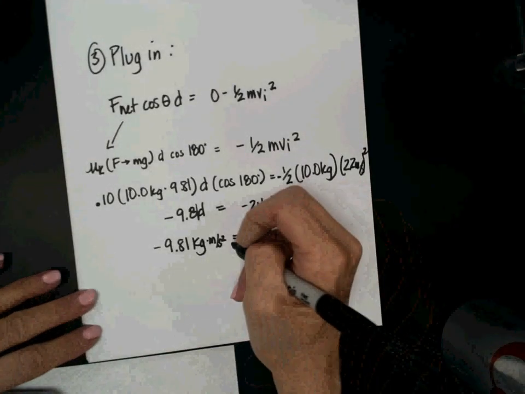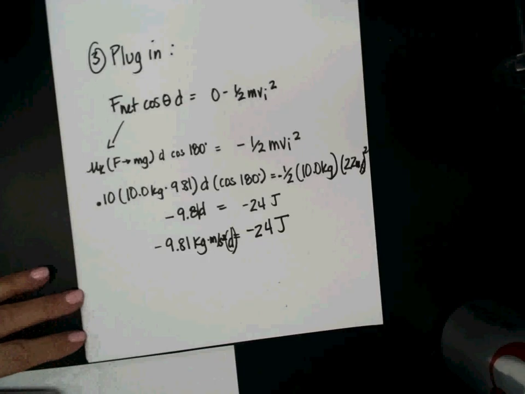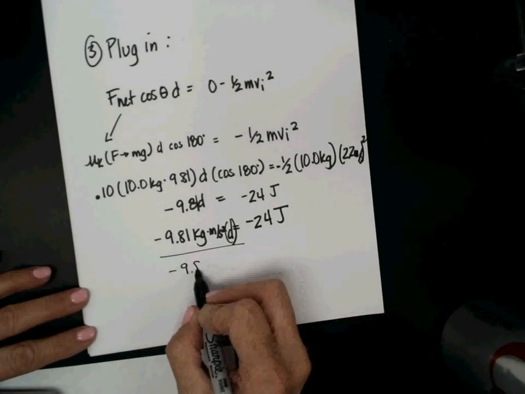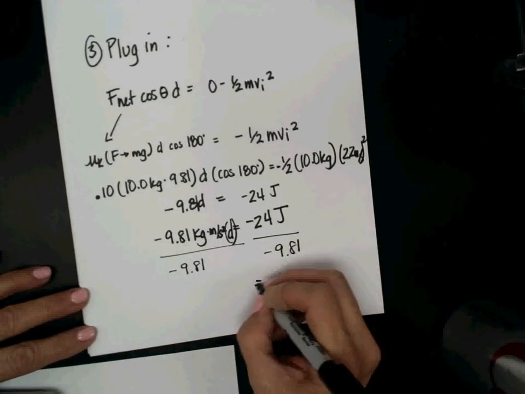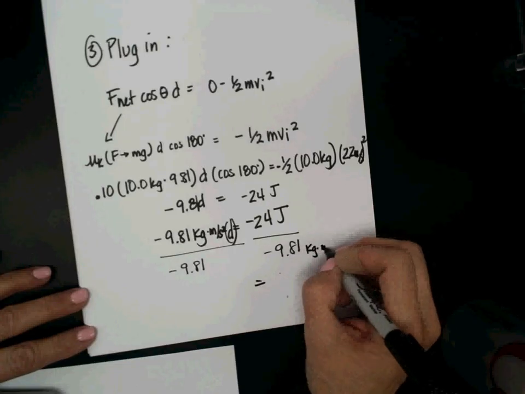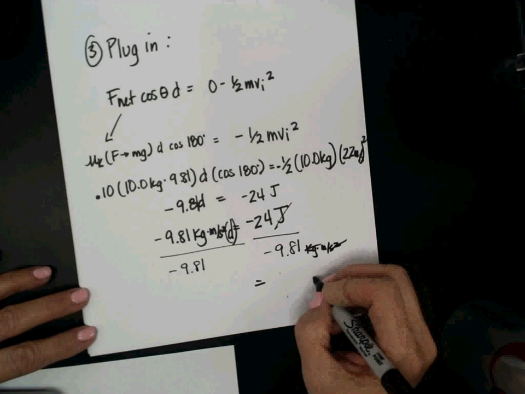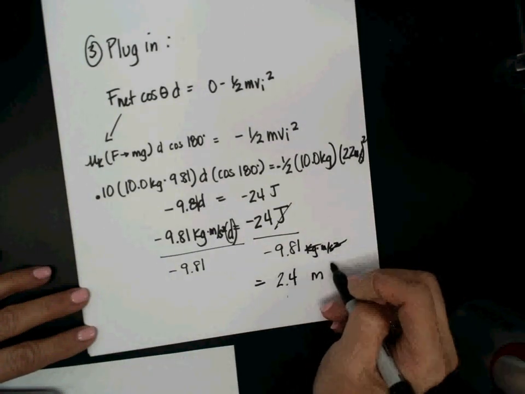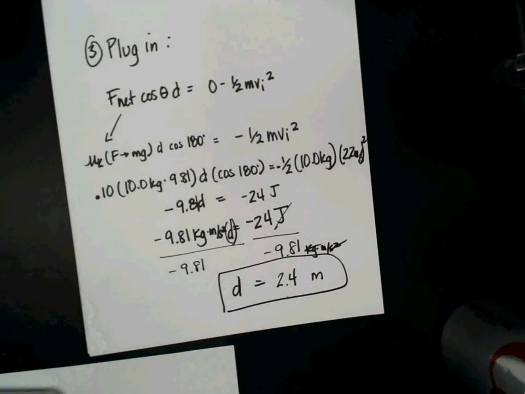And this is D. And then I can solve for D. That's got to be about 2.4. Let's see. Yeah.